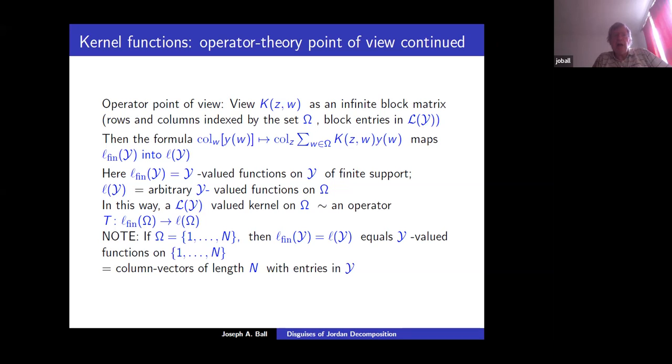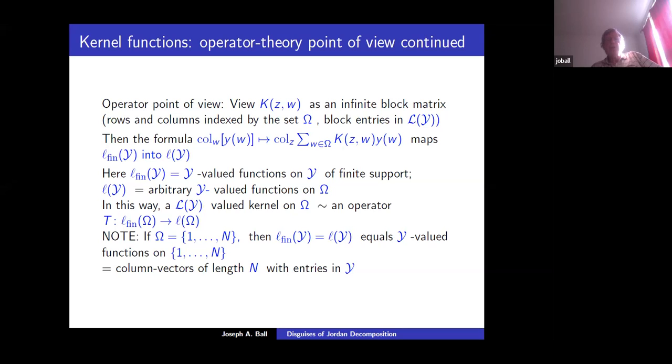You take a column over index w, which would be a continuous index, a column of values in the Hilbert space Y, and I map it to a sum over w in the index set, K(z,w) y_w, to get the new value of my vector, infinitely many entries, at z.